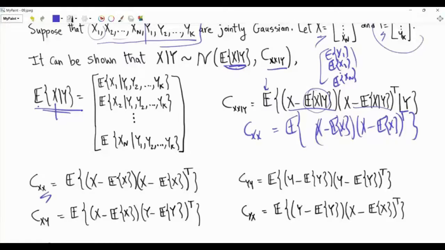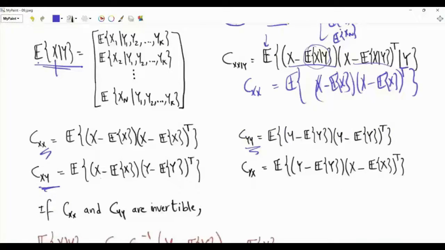Cxx is the covariance matrix of vector x. This is unconditional. Cyy is the covariance matrix of vector y. Cxy is the so-called cross covariance matrix. Here we have the expectation of x minus expected x, times y minus expected y, transpose. So this matrix contains elements that are the covariance between one of the x's and one of the y's.